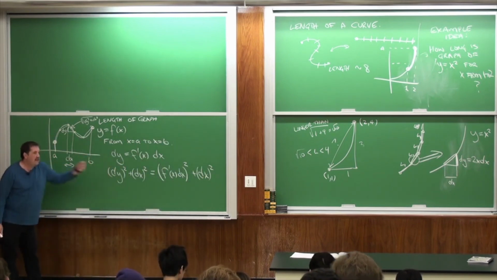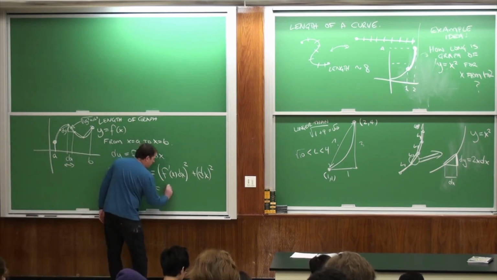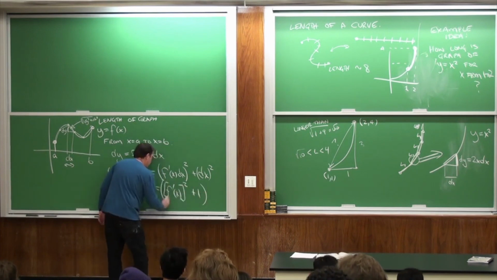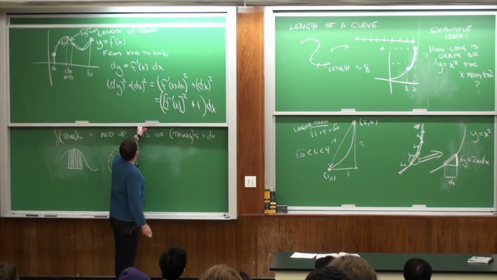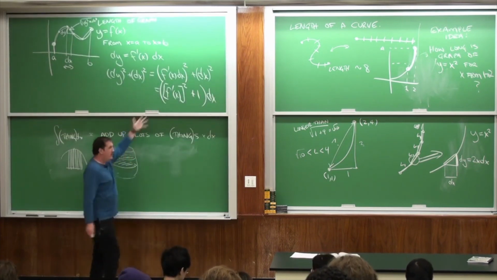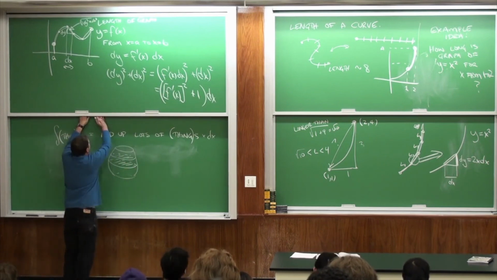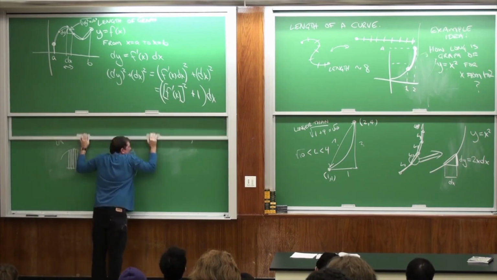So I can factor out the dx squared. And so the length of the little bit that I want to integrate is the square root of that. Ah, this board is getting worse.